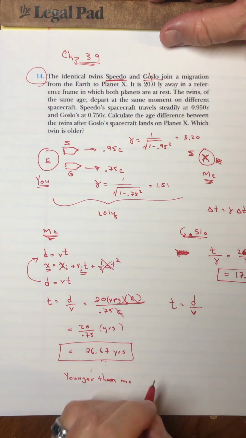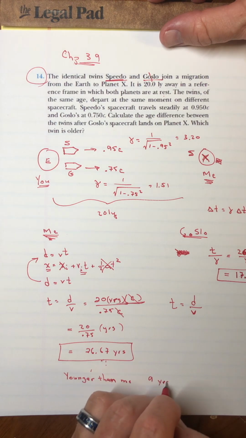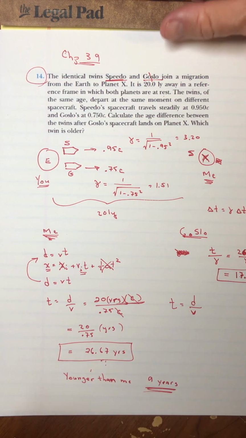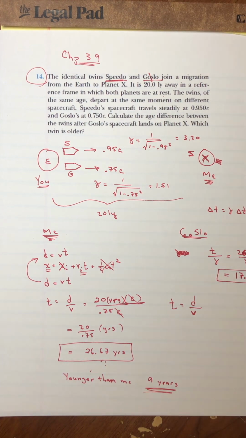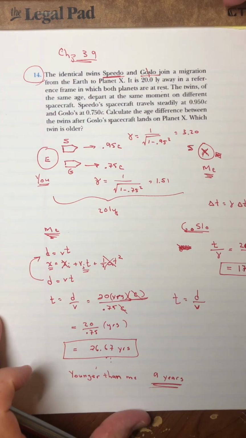I guess I didn't need a calculator for that. So 9 years. So 9 years younger than me by the time Go Slow gets to me. Okay.